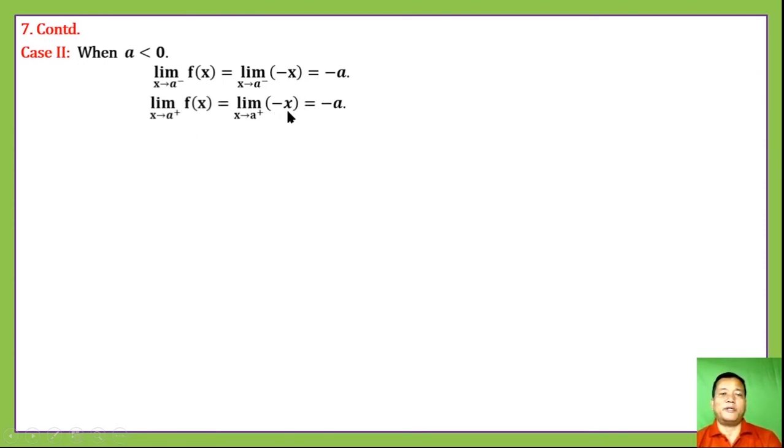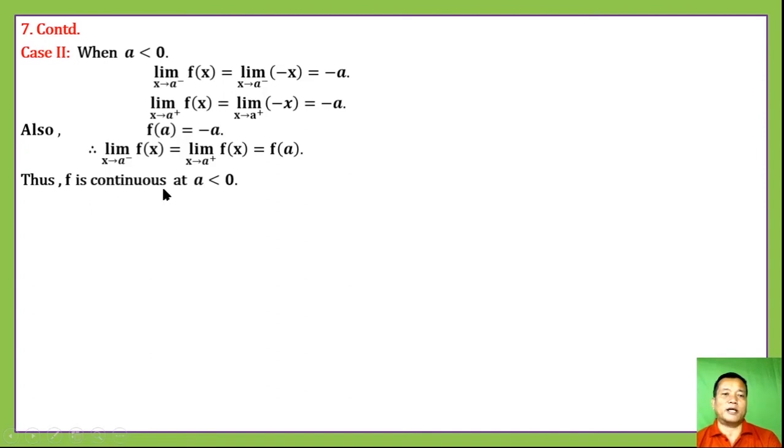Similarly, the right hand limit is minus a, and the function value f of a is minus a. Therefore, left hand limit at a equal to right hand limit at a equal to f of a, where a is a negative real number. This shows that f is continuous at any negative real number.